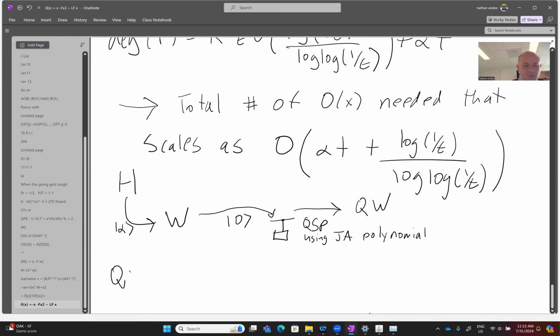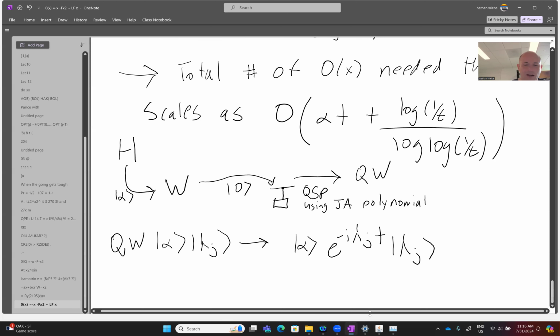And QW has the property that when QW acts on a state alpha lambda j over here, it will map us to alpha e to the negative i lambda j t lambda j.